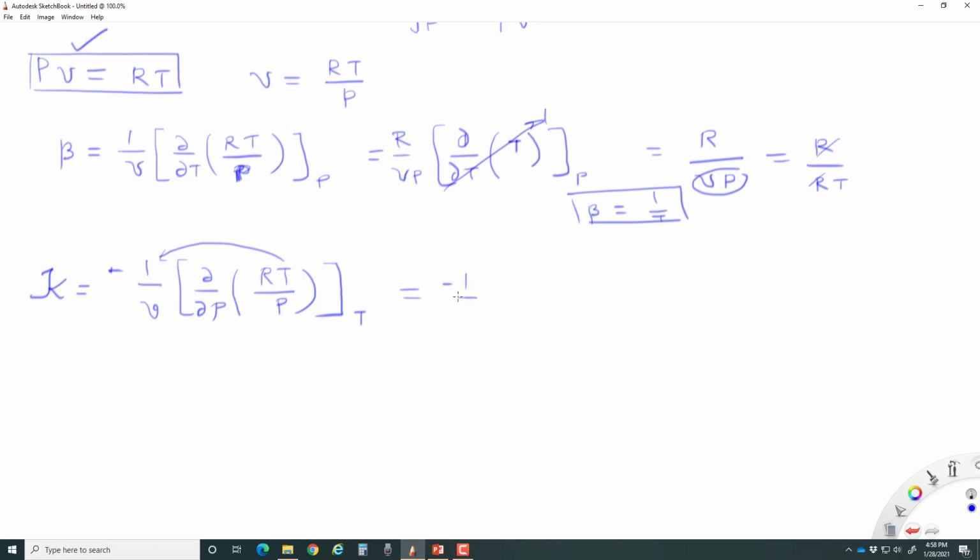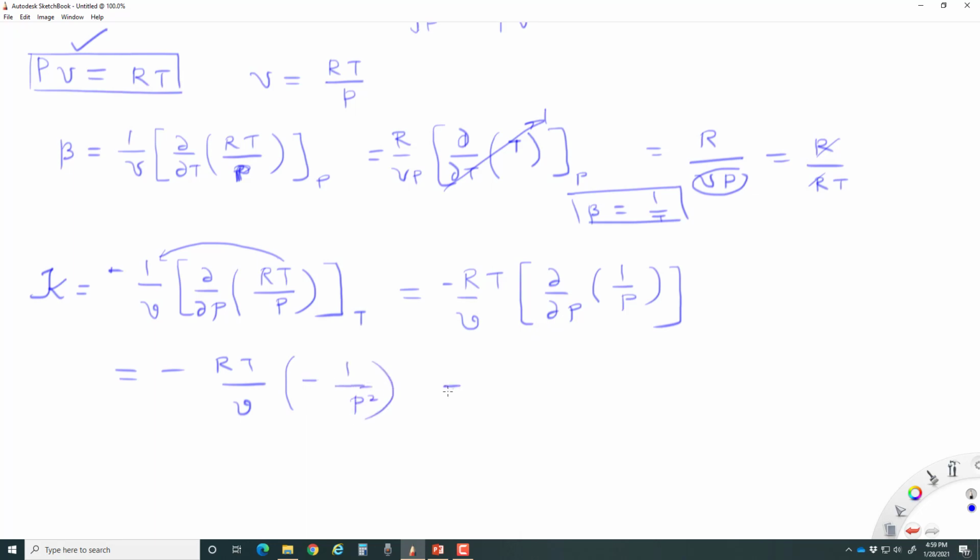Both R and T are constant, so the partial with respect to P would only apply to this 1 over P. So negative RT over V. When you take the partial of 1 over P with respect to P, you get minus 1 over P squared.